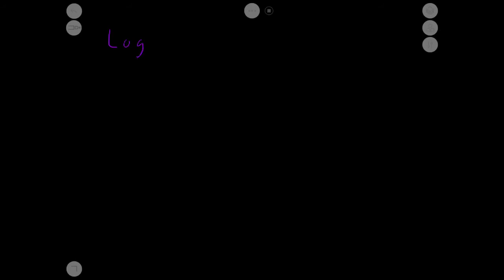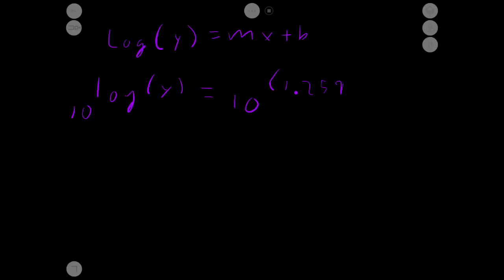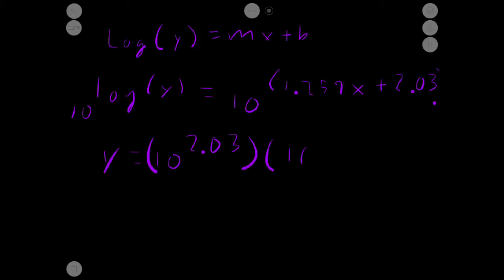Now we must convert our linear equation back to an exponential. First, we must remember that our equation is in the form log y equals mx plus b. Then we must raise 10 to the power of both sides. This creates the equation y equals 10 to the power of 1.259x plus 2.03, which we can rewrite as 10 to the power of 2.03 times 10 to the power of 1.259 to the power of x.